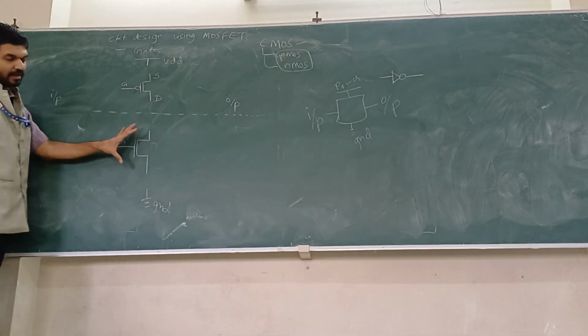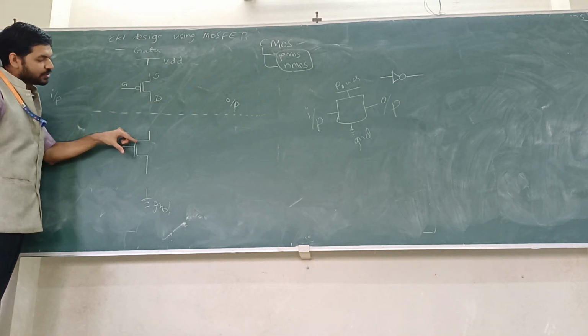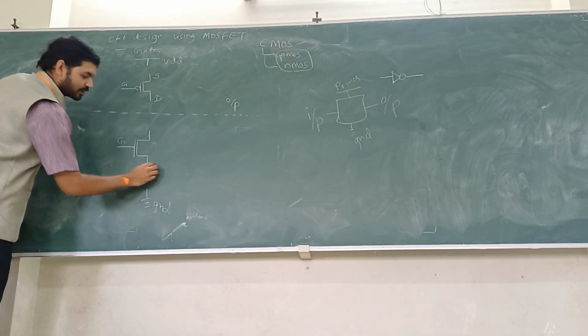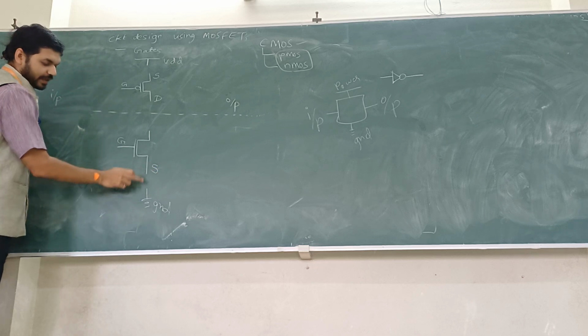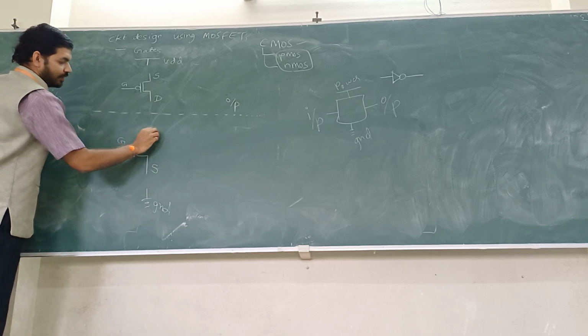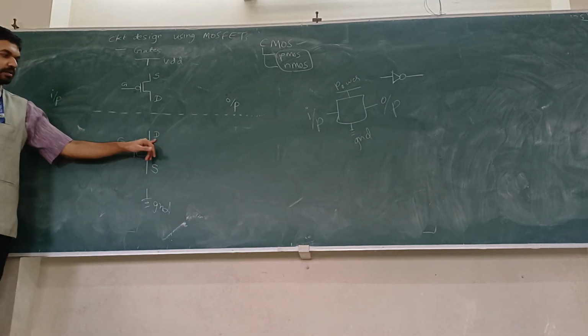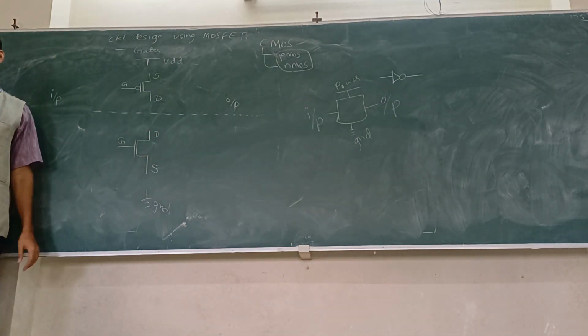When we write N MOSFET, this is complementary of this. Source will be at the bottom near ground, and drain will be having some higher voltage.